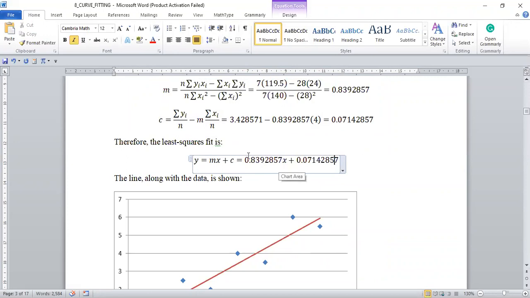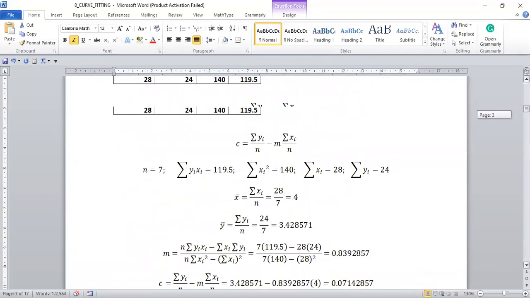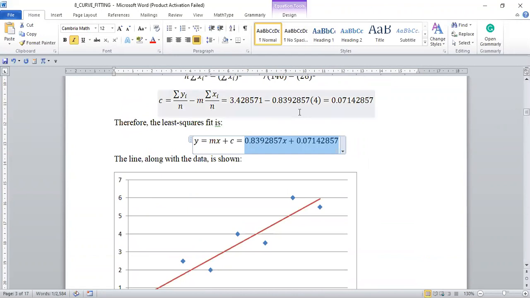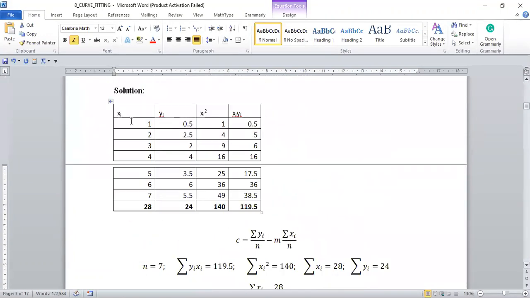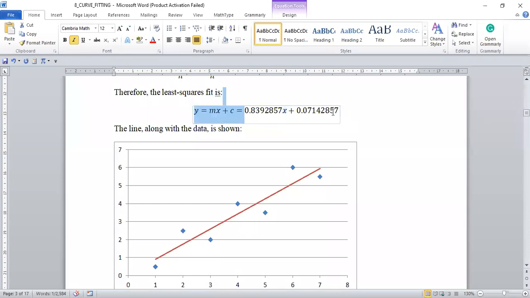After getting this equation, we need to plot the line. To plot the line, we are going to make use of this equation here, and in place of x, we use the values of x. I just want to tell you how to plot the line.